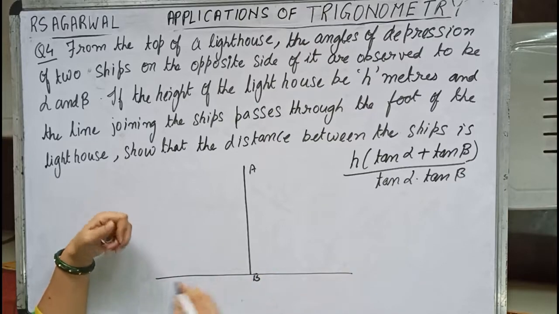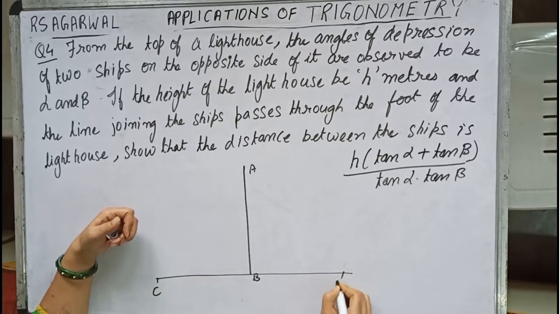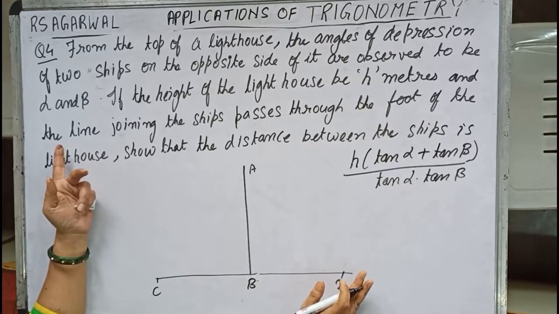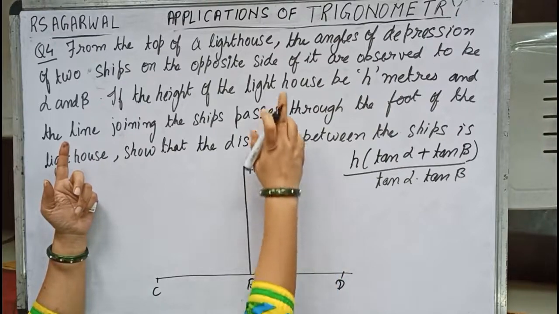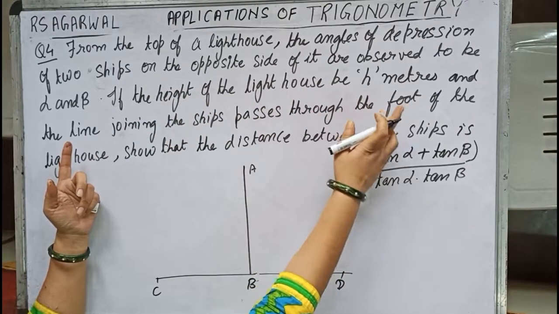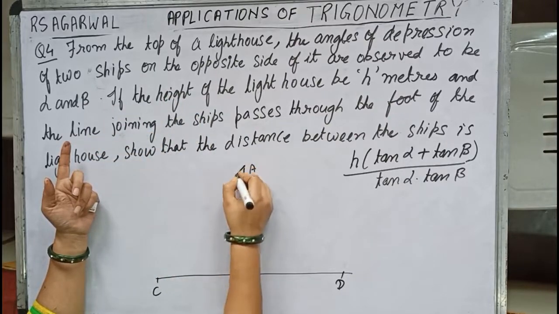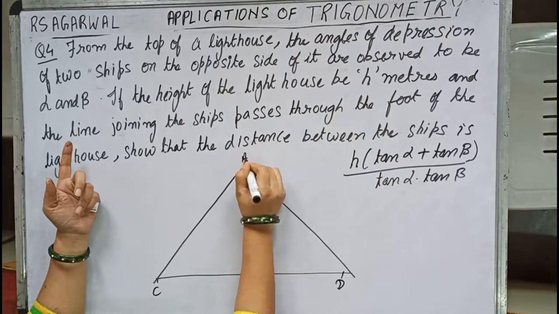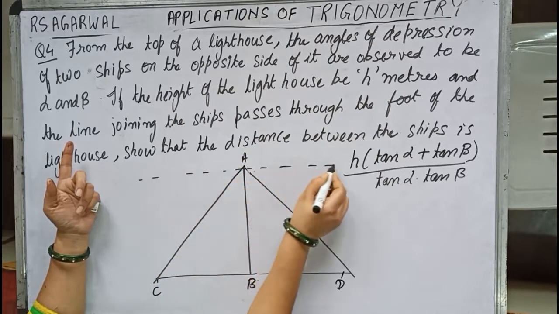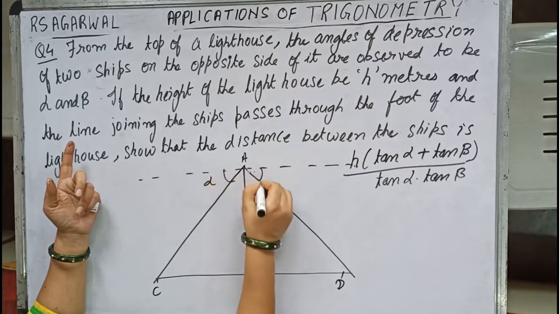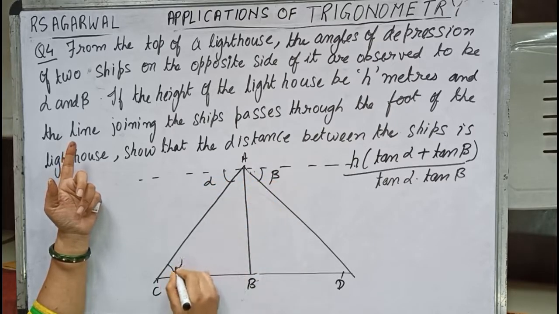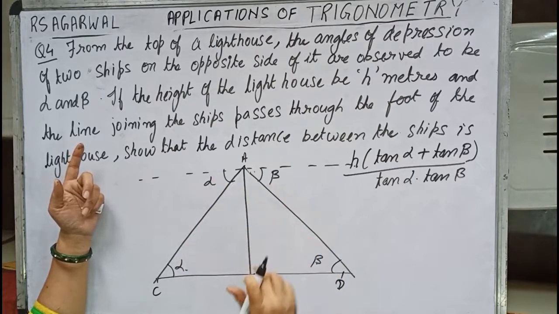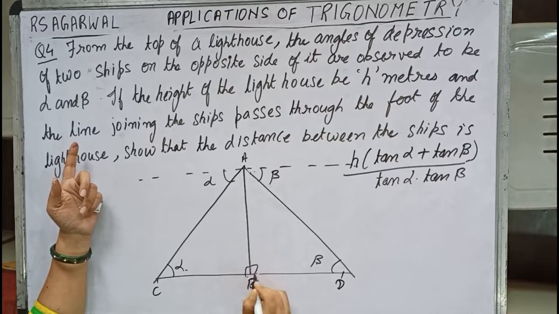So one over here and one over here, let us suppose C and D. This angle is alpha, this angle is beta. Because of alternate interior angles, this angle will also be alpha and this angle will be beta. And this one will be 90 degrees.